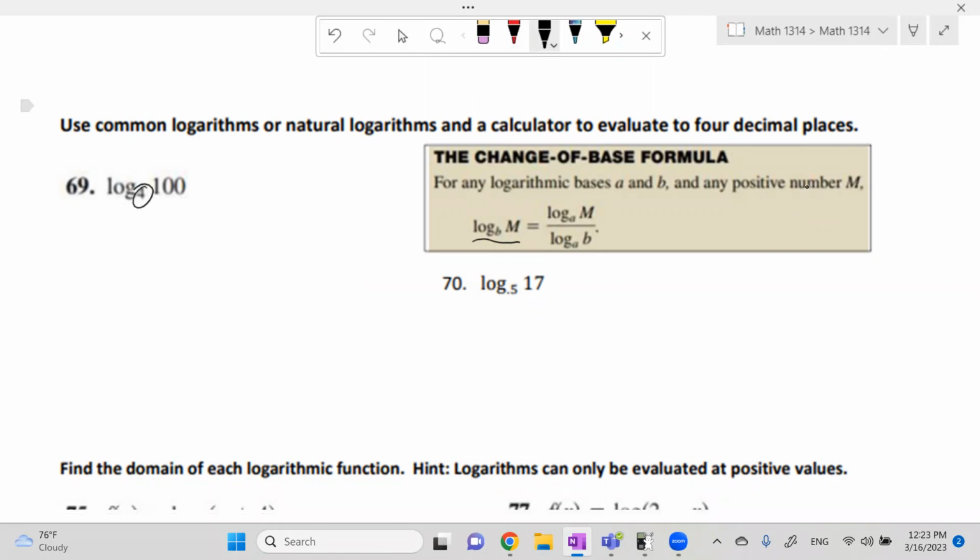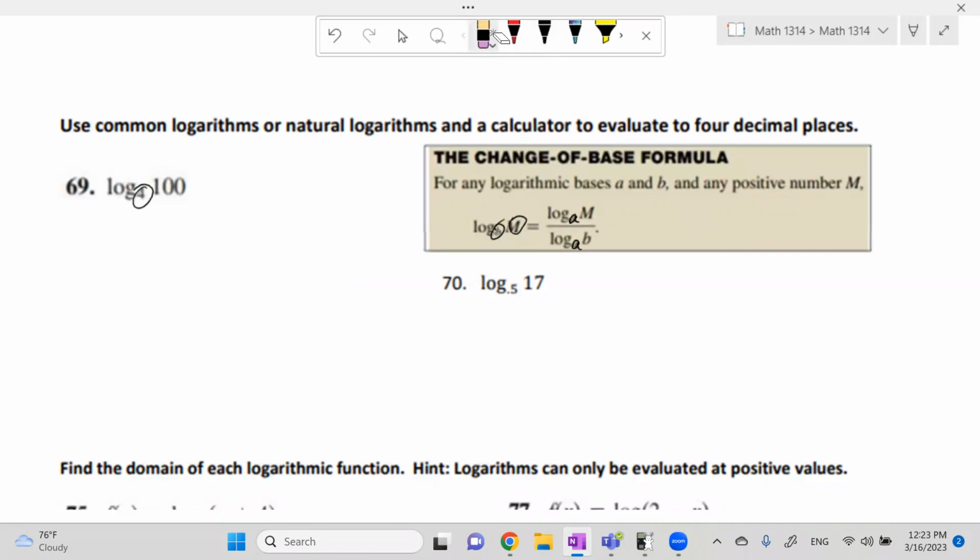If we have log base b of m, we can split the b and m. We can move the m to the top: log base a of m divided by log base a of b. We separate the m and b, and then I create a log base a. I can choose any number for the a. I can choose 2, I can choose 5, I can also choose 10.